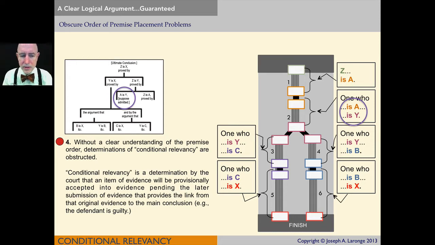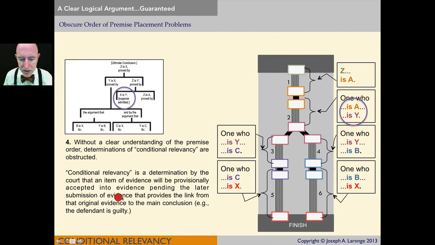Another one of the problems is it makes determinations of conditional relevancy very difficult. Remember, or if this is the first time, conditional relevancy is a determination by the court that an item of evidence will be provisionally accepted into evidence pending the later submission of evidence that provides the link from that original evidence to the main conclusion, such as the defendant is guilty.